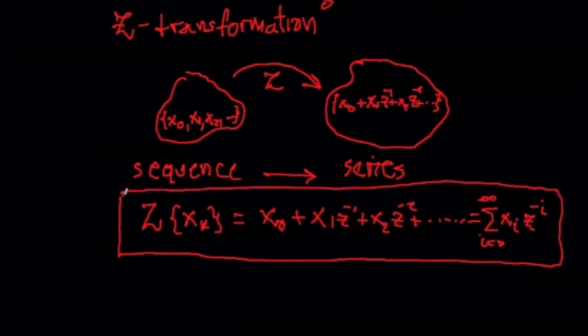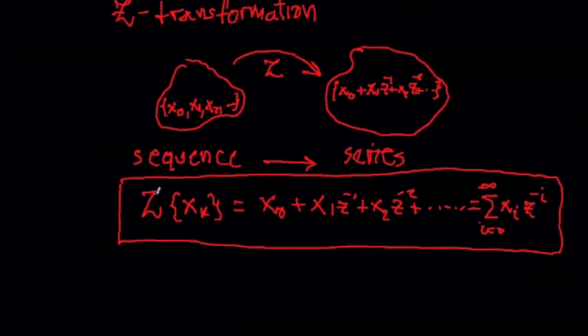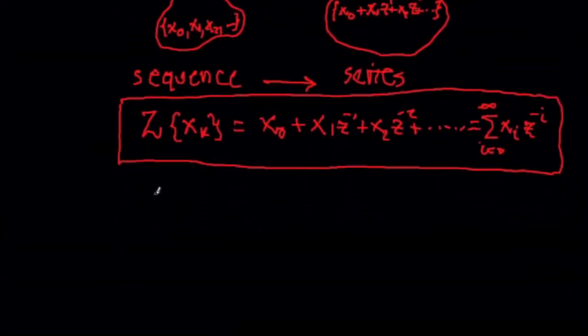Let us now check a few simple examples of common sequences that we can transform by the Z-transform into series, and find out what the Z-transform of each sequence is. Let's do number 1, the pulse function, delta k.